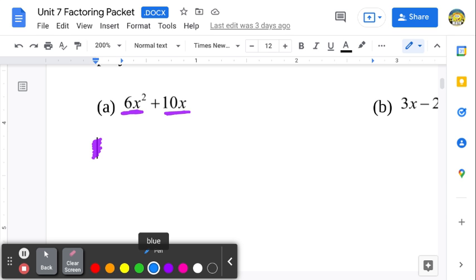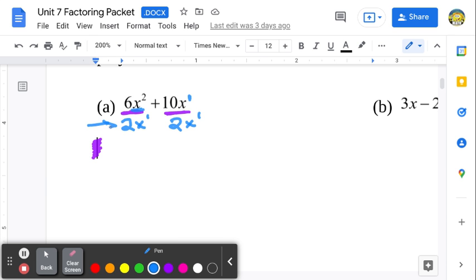So let's look at our big numbers, our coefficients. We have a 6 and a 10. So you say to yourself, what's the biggest number that divides into 6 and 10? Well, in this case, it's a 2. And now let's look at our x's. We have an x squared and an x to the 1. We did biggest number, now we have to do smallest exponent, which is x to the 1.